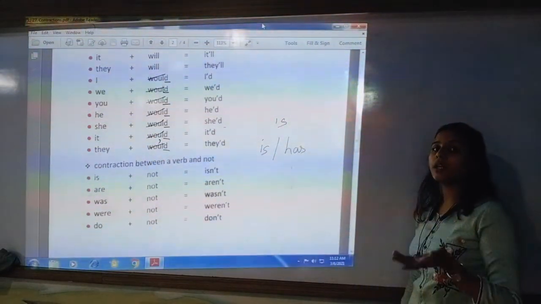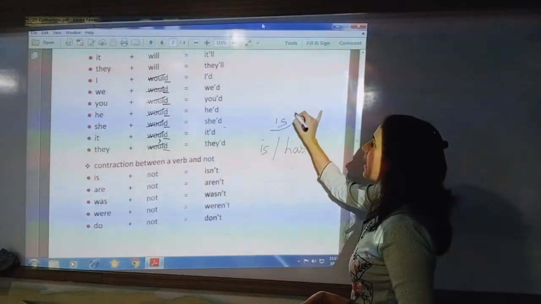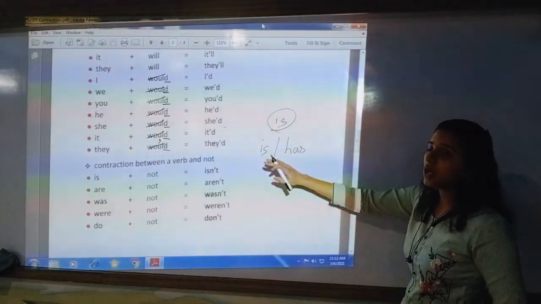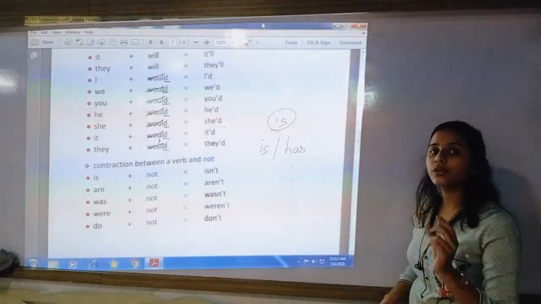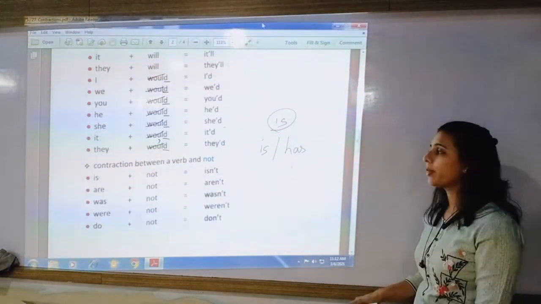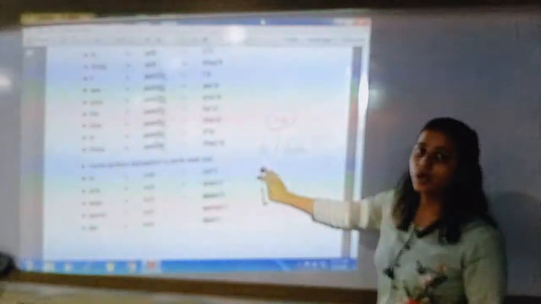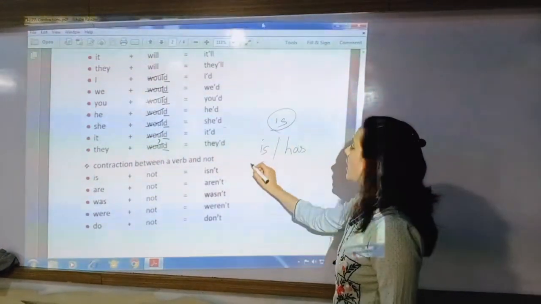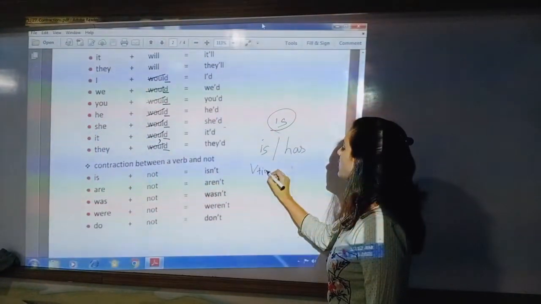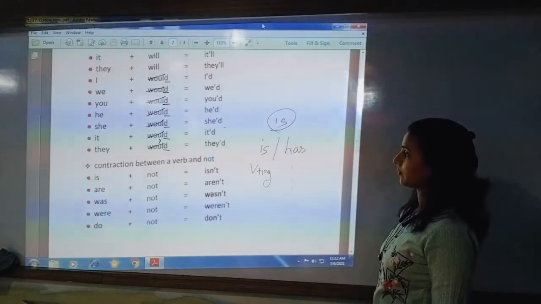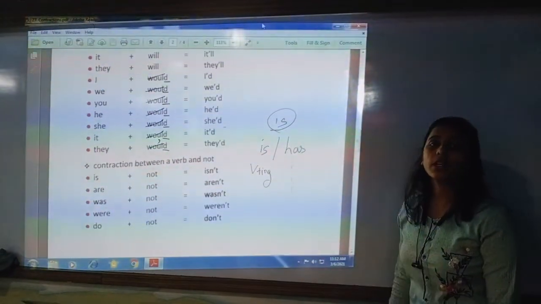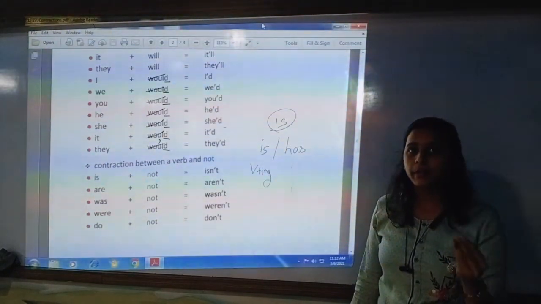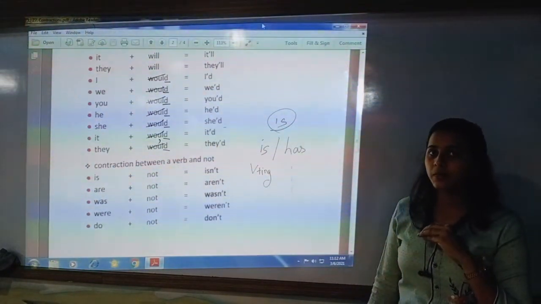So how will you understand whether apostrophe S is for is or has? Again the same rule, you have to understand the verb form. If it is for is, then verb plus ing form will be given, because is is used with continuous present tense.